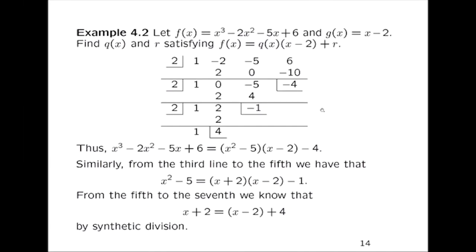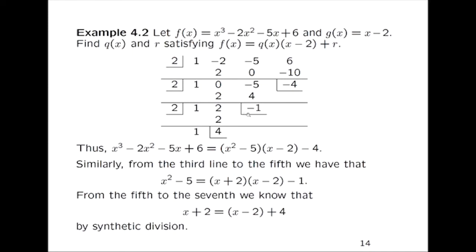You have this part we have already done. Then next again I wrote 2 here, and then bring this one down and then add it by this number 2 and then add them together, you get 2, and again multiply by 2 and add them together, and I wrote minus 1 here.